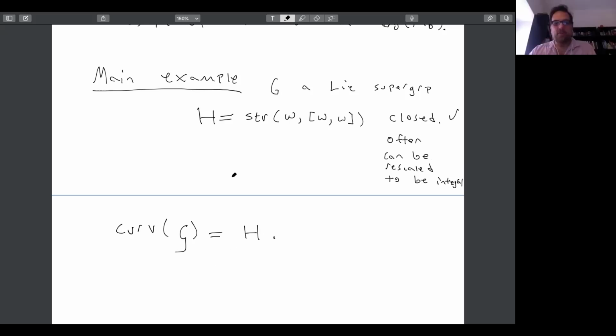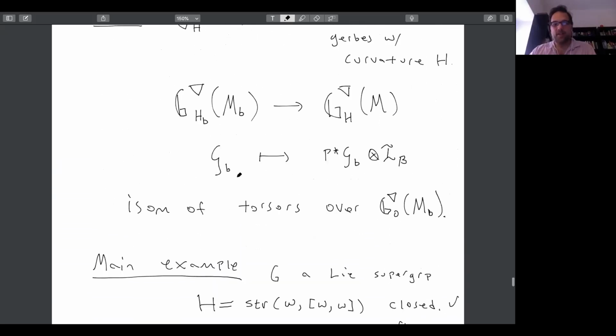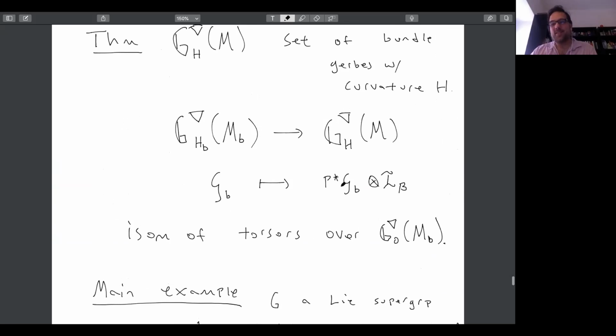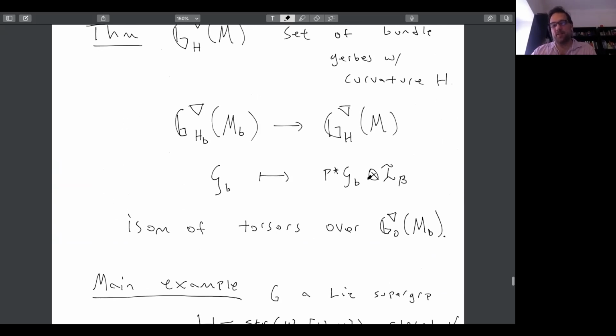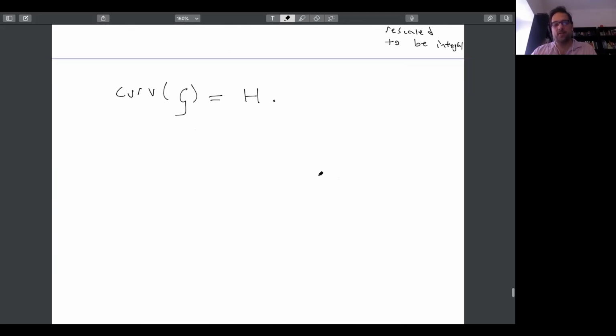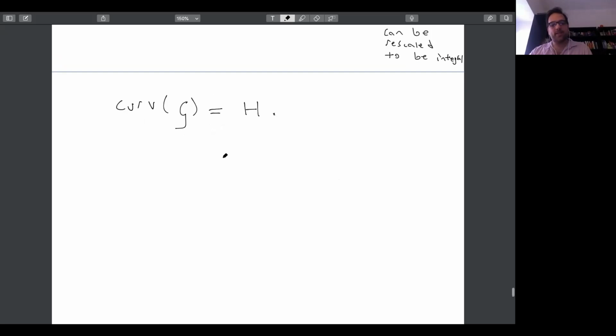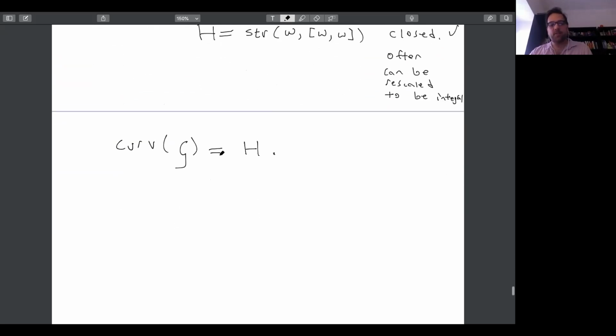And moreover, it will have a decomposition like this into a gerbe on the body pulled back by this projection and a 2-form, basically. And this decomposition looks surprisingly interesting for super Lie groups. Yeah, those kinds of decompositions are the subject of the next paper that I'm writing about this.